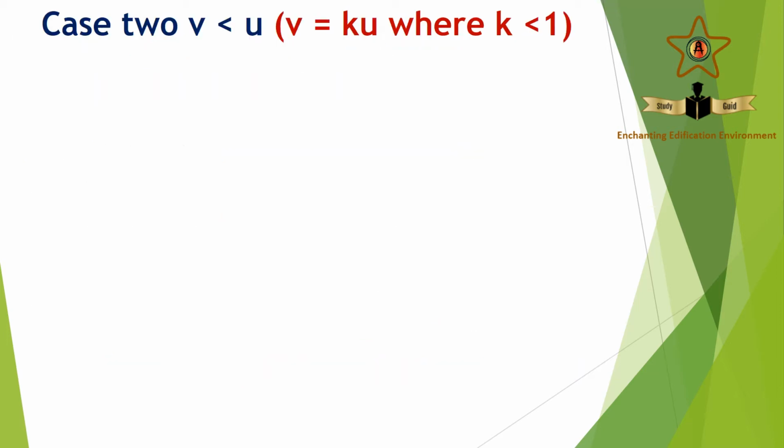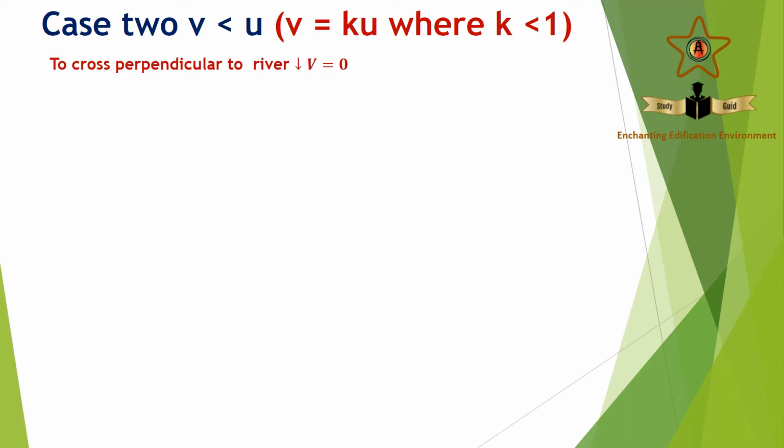Now the second case. v is less than u. That is, the person cannot swim faster than the river. This can be given again as v equals ku, but in this case, k is a positive constant less than 1.